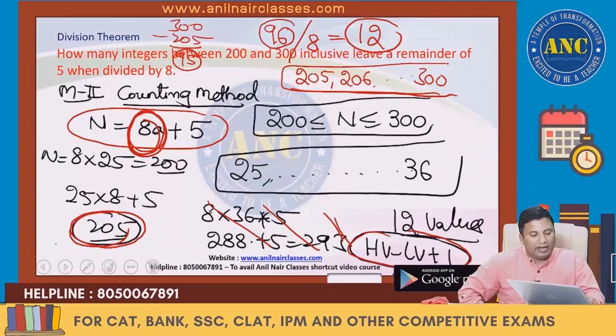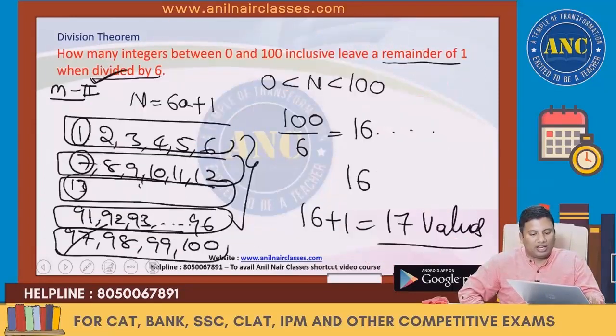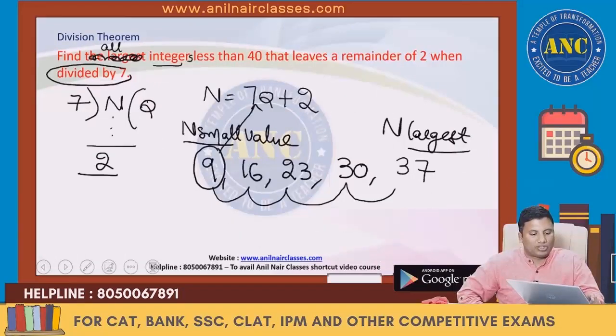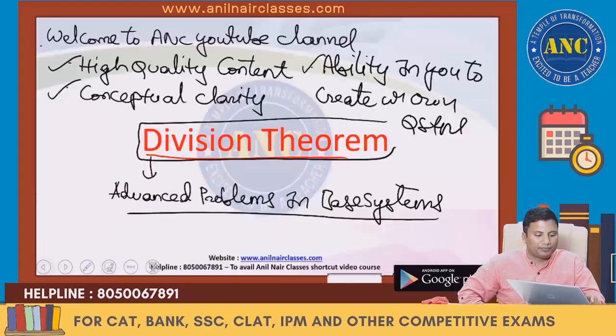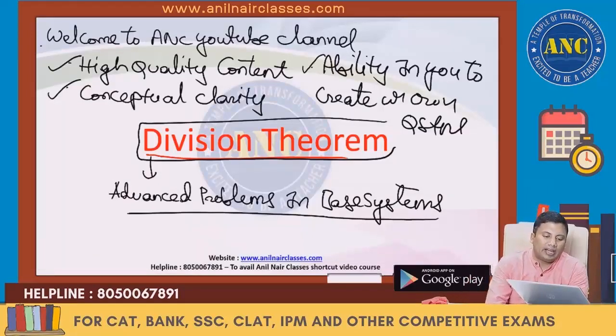Counting method, finding out with respect to the lowest value. A simple basic question. The definition of a division theorem. If the remainder is given, what will be the condition on the divisor? If the divisor is given, what will be the condition on the remainder? Right? The entire topic is on the division theorem.